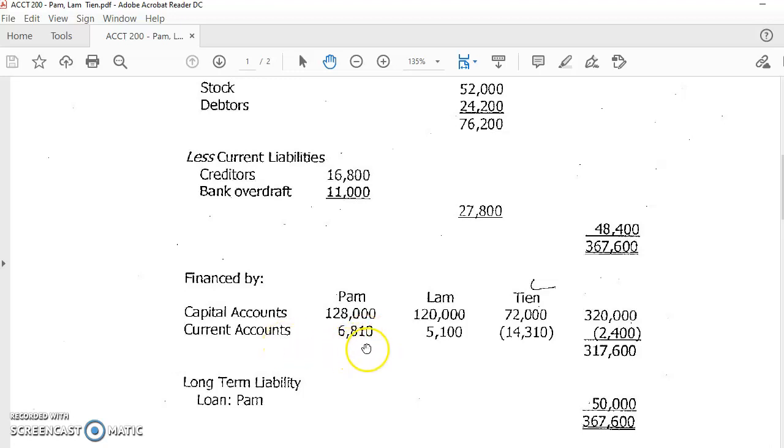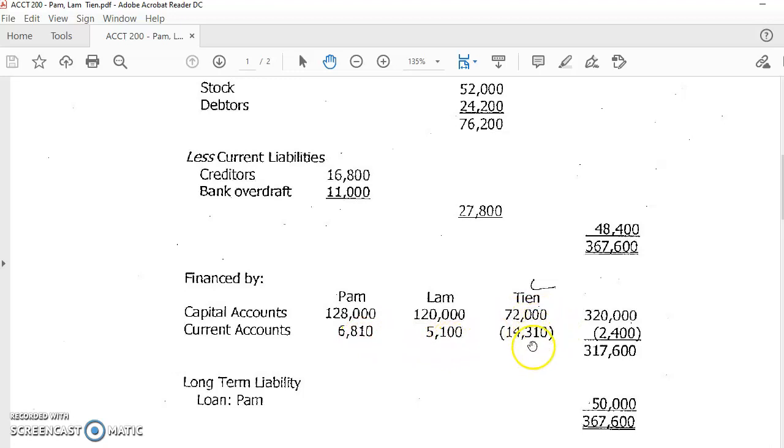So remember that the partnership is being closed. Since it is being closed, the current accounts will also be closed off from the books of the business. So since Pam and Lam respectively are entitled to these amounts, these have to be credited to the capital account to show that they're entitled to this.